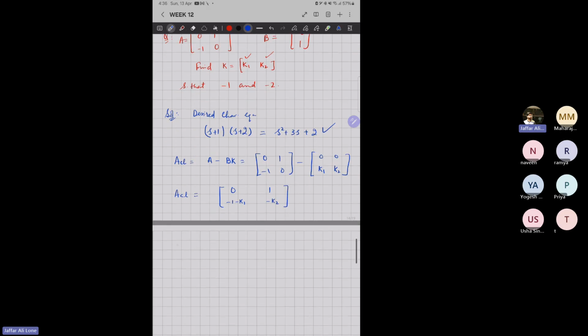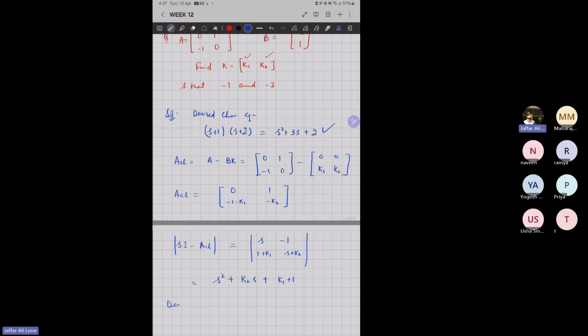Now what you have to do is take SI minus ACL and find the characteristic equation of that. So it will be the determinant of [S, -1; 1 + K1, S + K2]. When you solve it, you get S² + K2·S + K1 + 1.